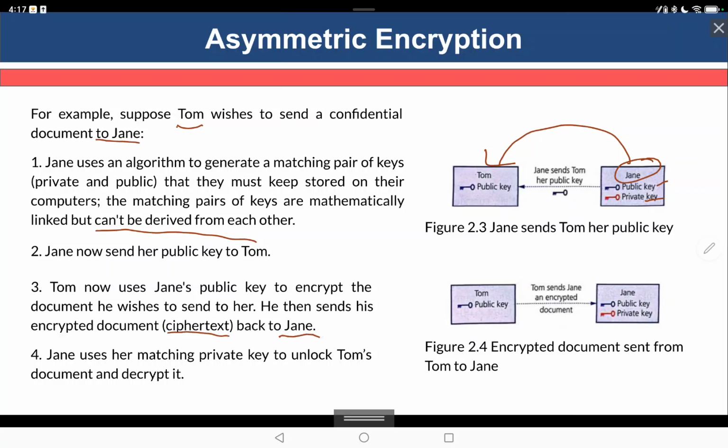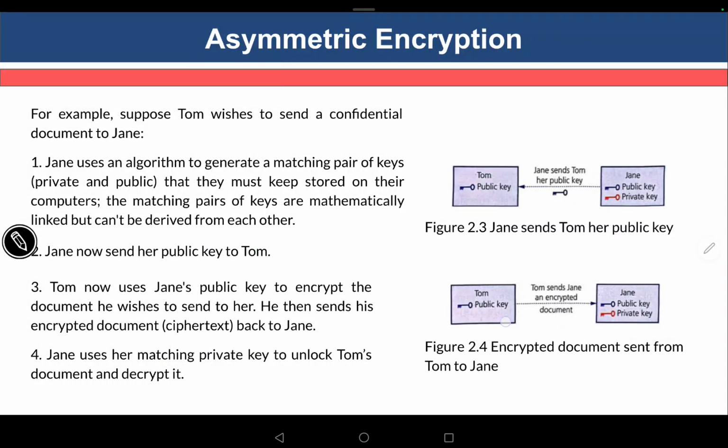So when this ciphertext gets to Jane, Jane uses the private key, which is a matching key, to decrypt the ciphertext, and Jane is able to get the original text that was encrypted by Tom. So this is how asymmetric encryption works.